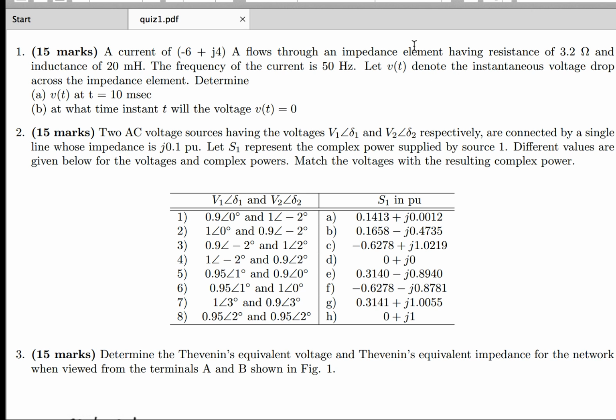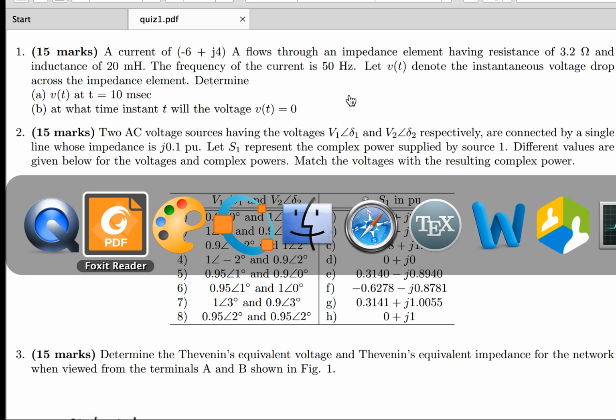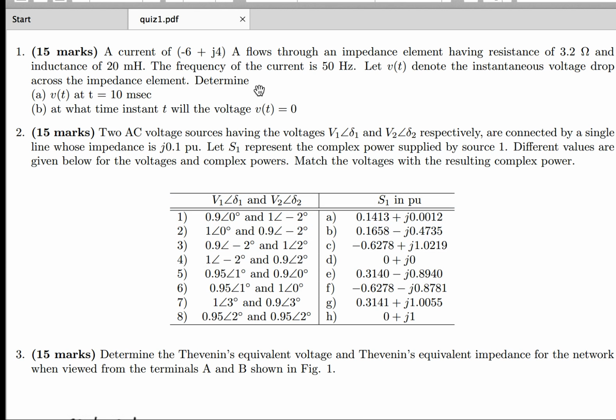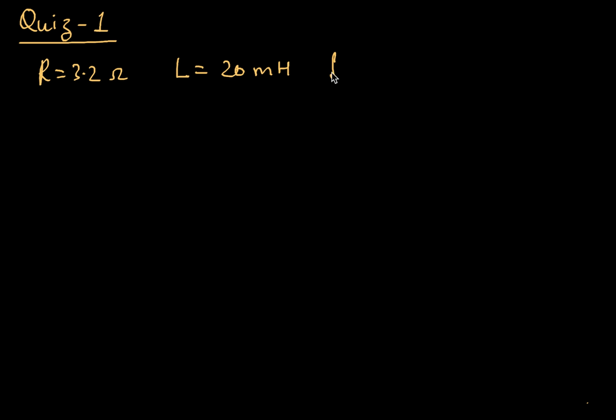So first thing I have to do is find the impedance. Given resistance is 3.2 ohms and inductance is 20 millihenries. Let me just check that. Yeah, and frequency is 50 hertz. So therefore XL will be 2 pi FL.